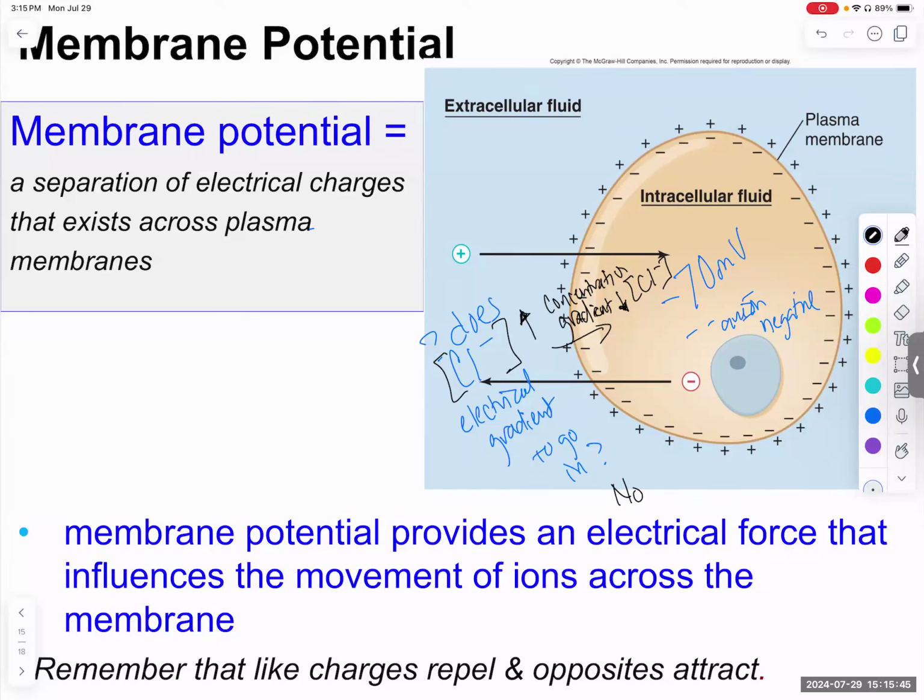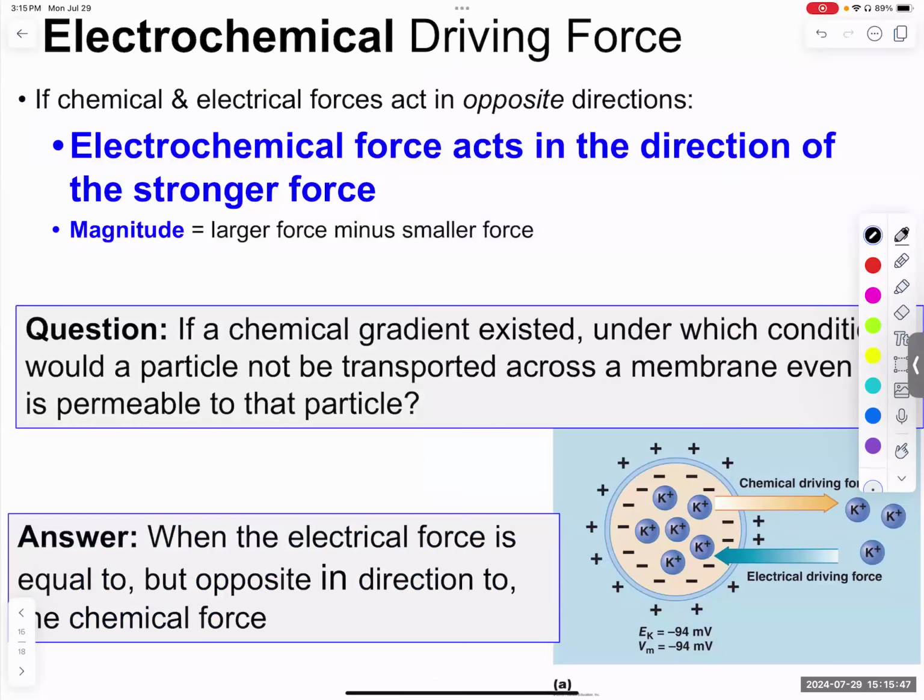And that's where we get into equilibrium. So again, to review, if the chemical and electrical forces are in opposite directions, like I showed you with chloride, in this example it's potassium, the electrochemical force is going to act in the direction of the stronger force because you are adding together the chemical gradient and the electrical gradient.